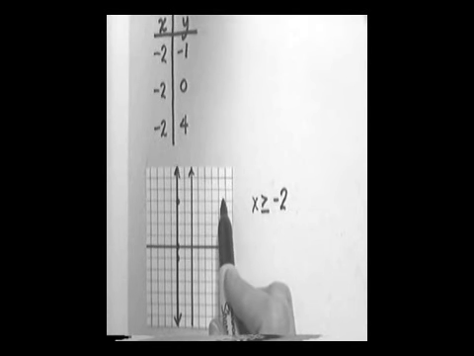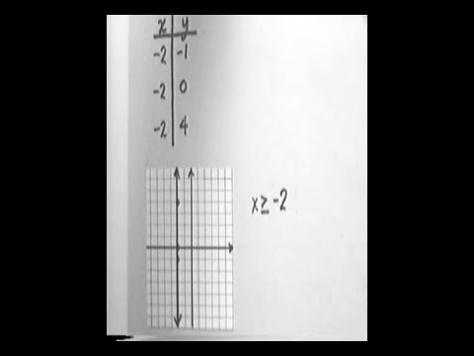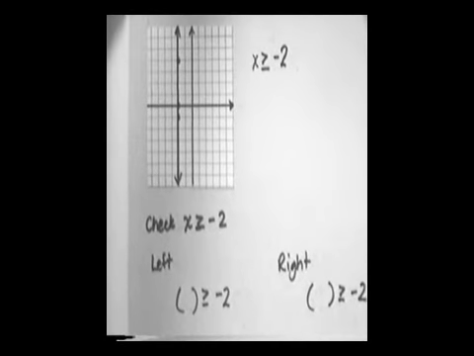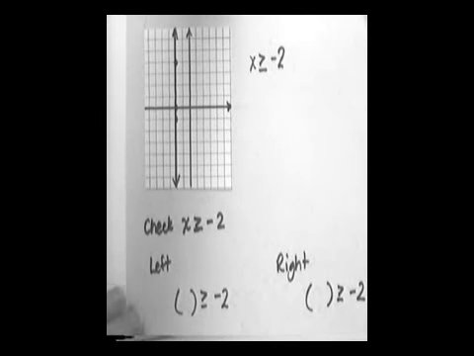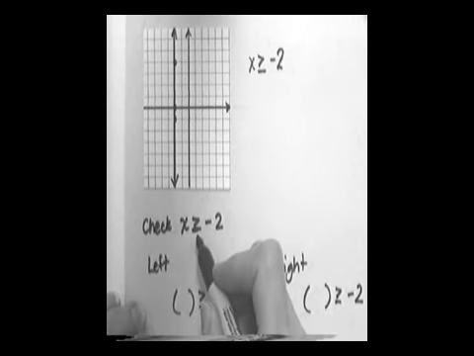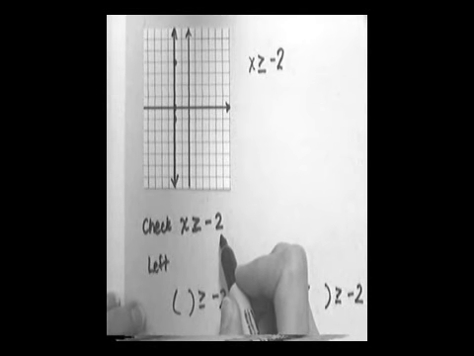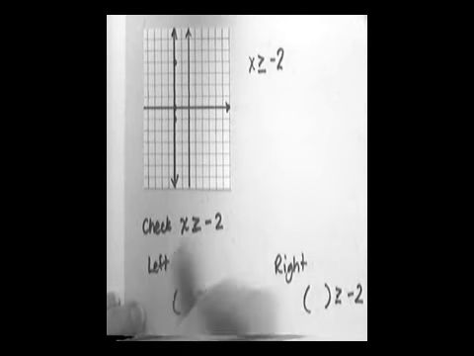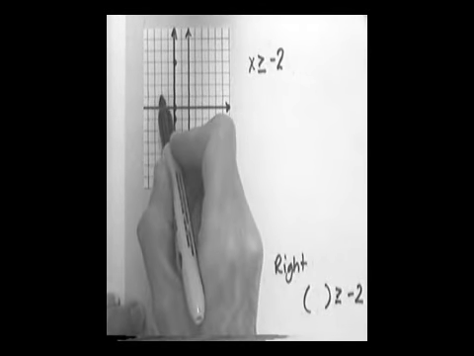However, I'm not going to do it yet. Let's use our check to verify which side should be shaded. Let's pick a point to the left and a point to the right of the boundary line. We're checking x is greater than or equal to -2. A point to the left, well, let's use this one.